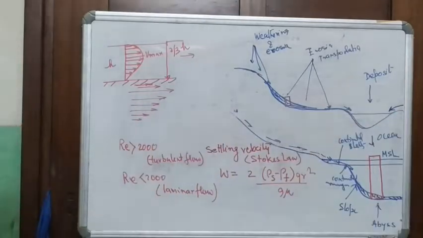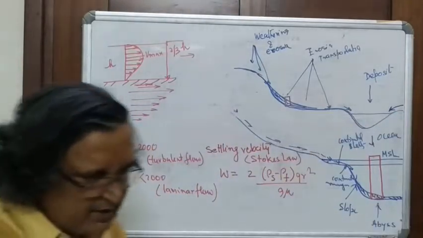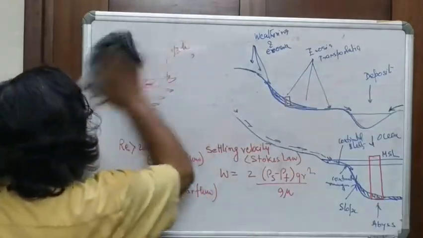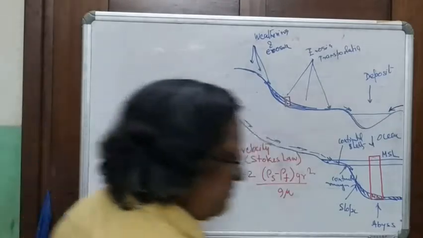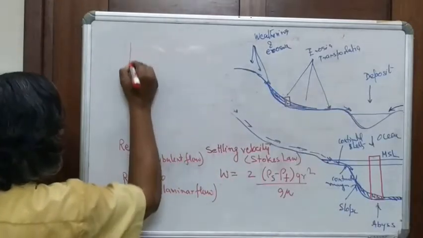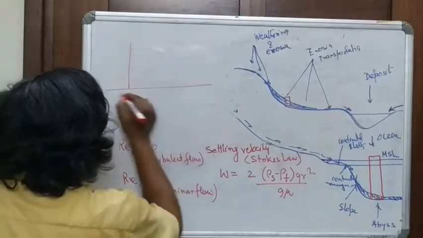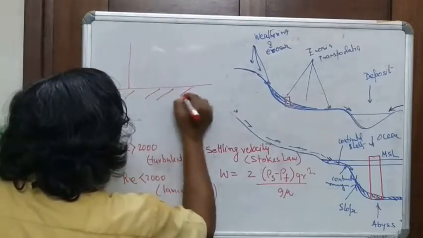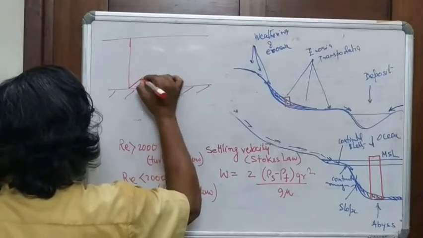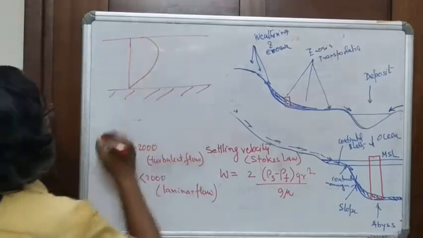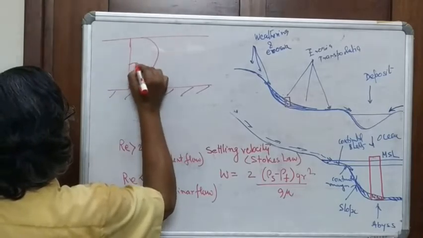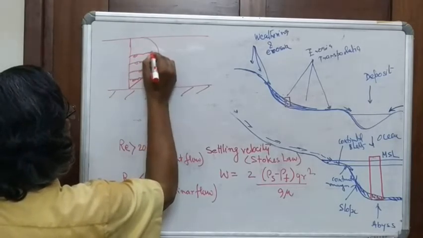Now, in a turbulent flow, a similar thing happens, but there are more turbulences and eddies. So once again, if you have the riverbed and the surface, then again the velocity profile is like that. But here, your waves are like this.